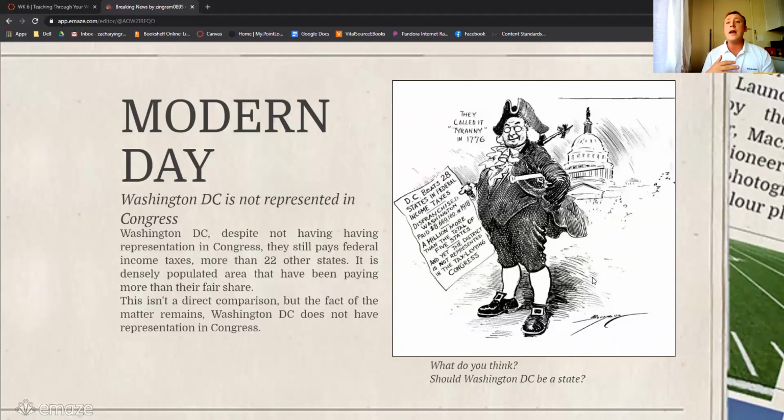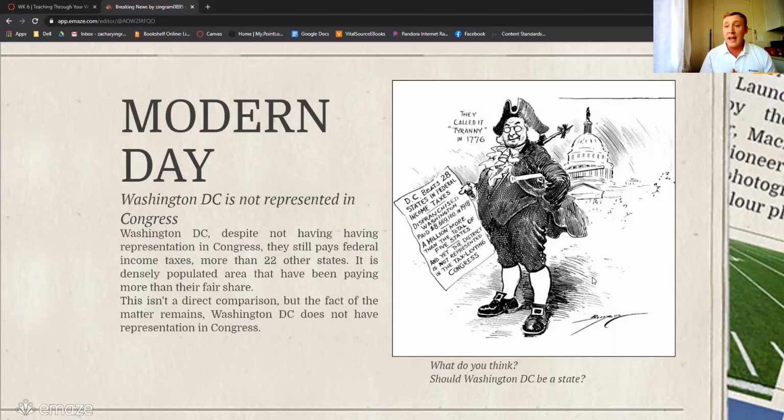So they have no way of voicing their own opinions about this particular piece of legislation. And thus they are being taxed, because they still have to pay federal income tax, without being represented. So it's the same exact conversation that was happening back in 1776 about no taxation without representation, except it's within our own borders today.